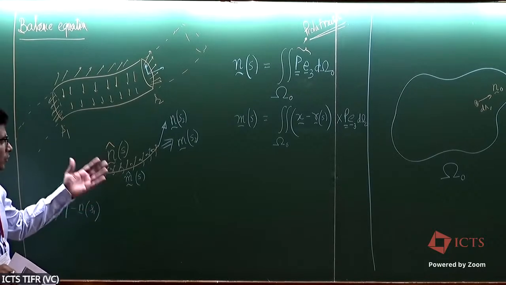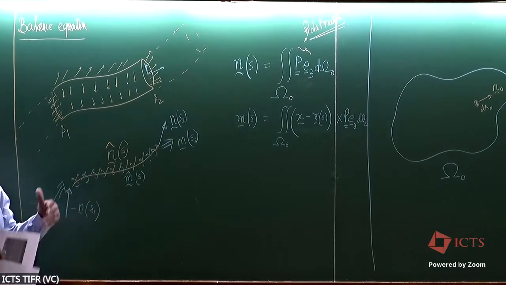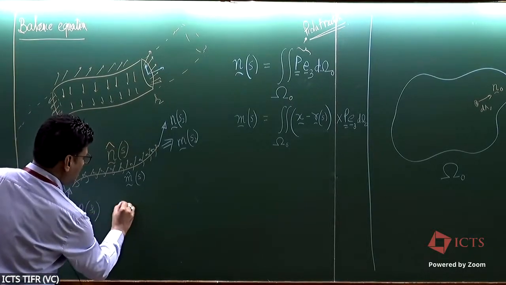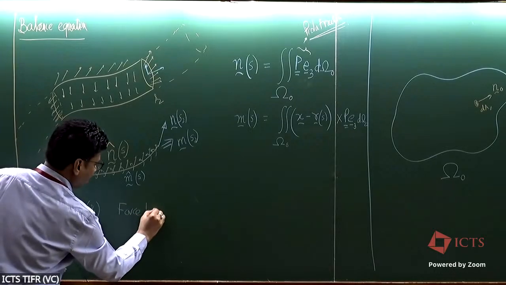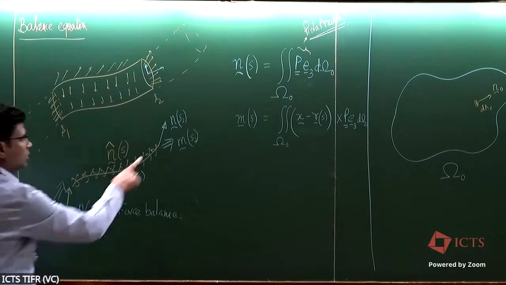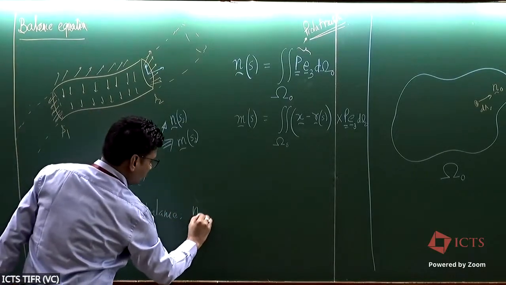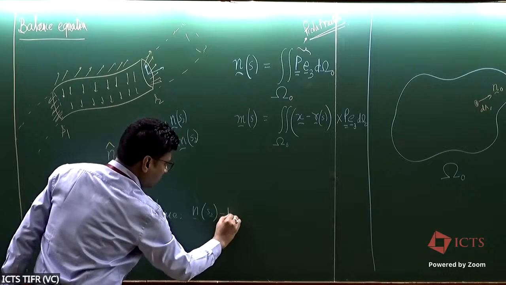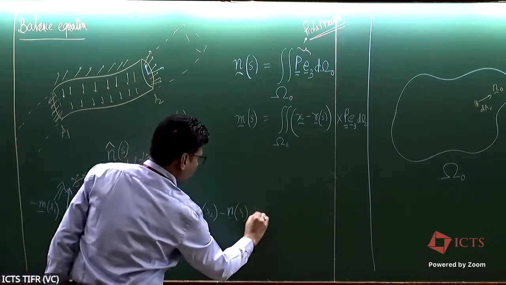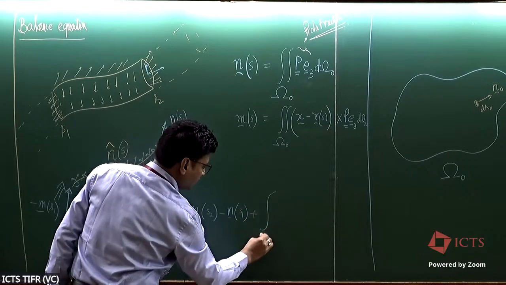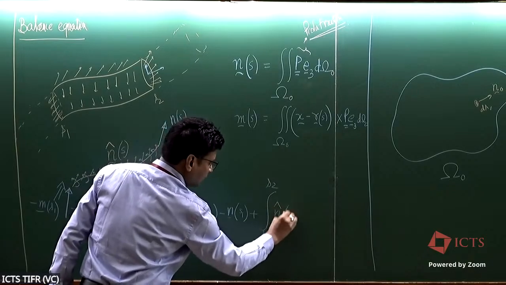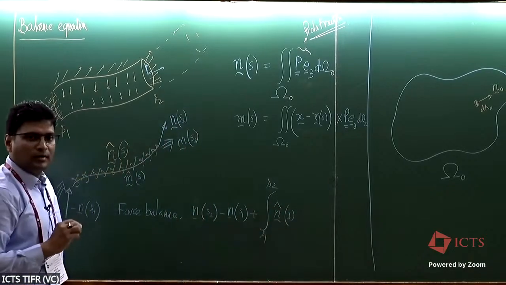So now you do force balance and moment balance and find the equations. When we work out the force balance, you have N of S2 minus N of S1 plus the integration from S1 to S2 of n hat of S ds.